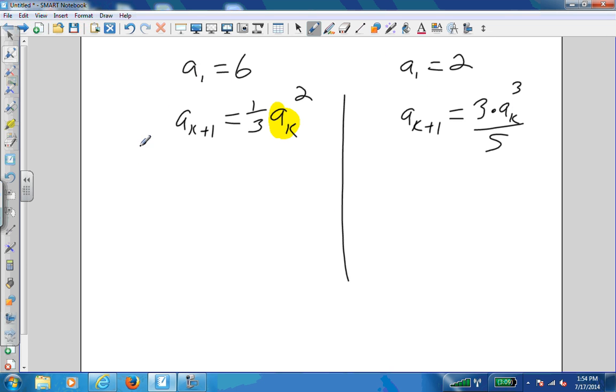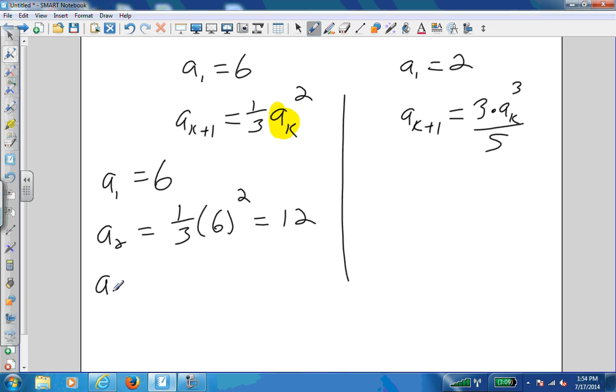So if we do the one on the left, A1 is 6, A2 is 1/3 A1 squared, so 6 squared, that's 36 divided by 3, which is 12. A3 is 1/3 of 12 squared, so 1/3 times 144, or 144 over 3, 48.